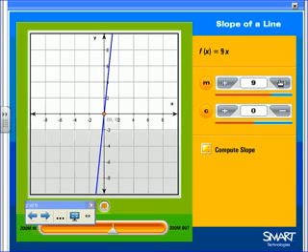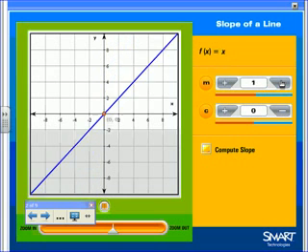Now when I change, they use C, normally we use B, but we got our zero slope there. Normally we use B, but they're just using C to stand for the y-intercept.